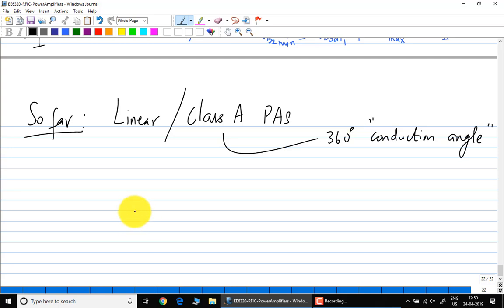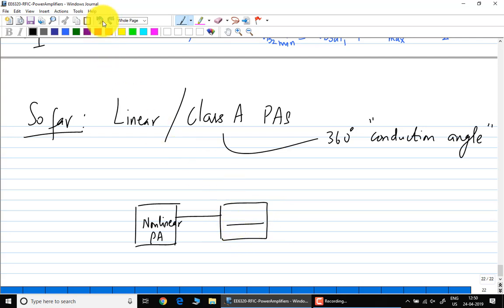So what you can do, you can use a nonlinear PA. Use a filter. Okay, so this will give you F0 plus harmonics. So you put in F0, you get out F0 plus harmonics, you will need a filter.